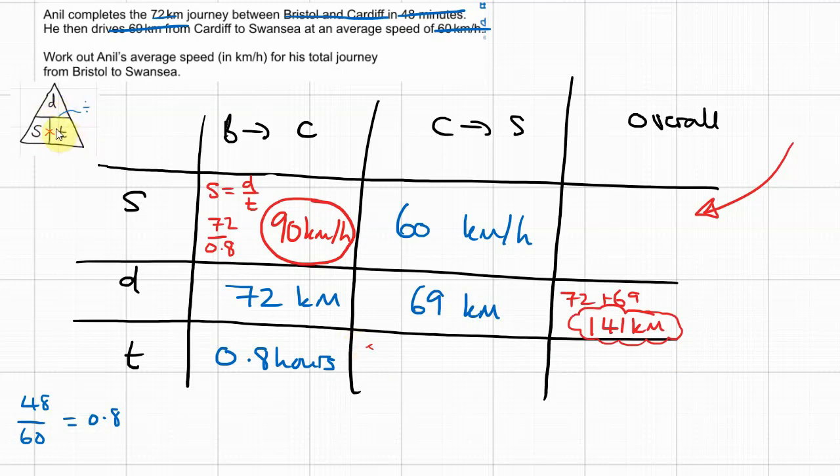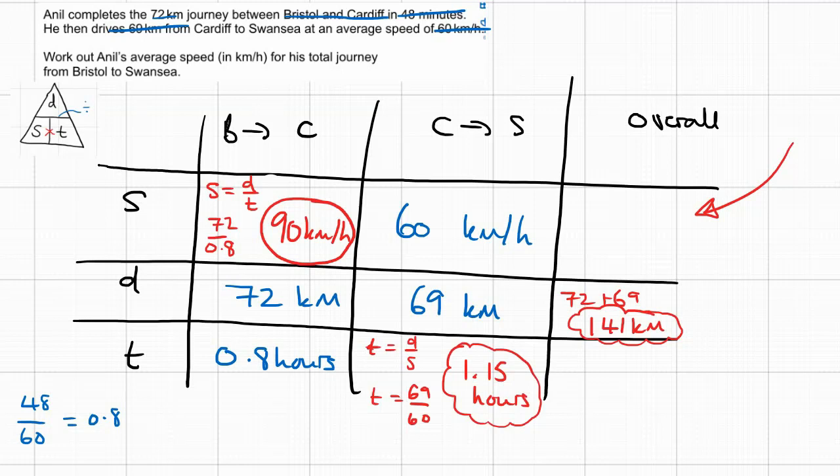And we can find this through our triangle. We're trying to find time, so cover that up: time equals distance divided by speed. In this case, time equals 69 divided by 60, which is 1.15 hours. You probably want to leave it like that because we're going to add these together, and it's a lot easier than converting it and converting it back again.